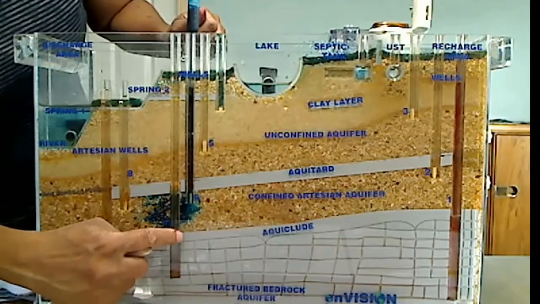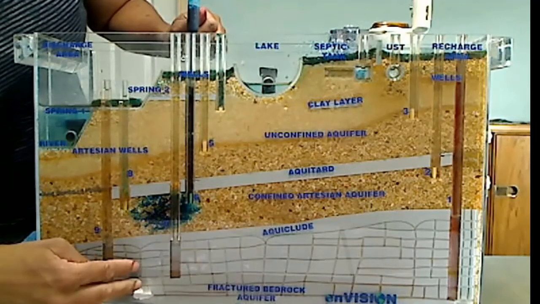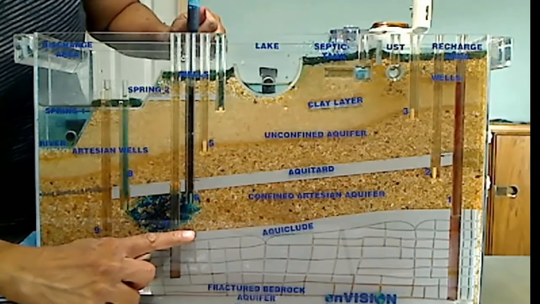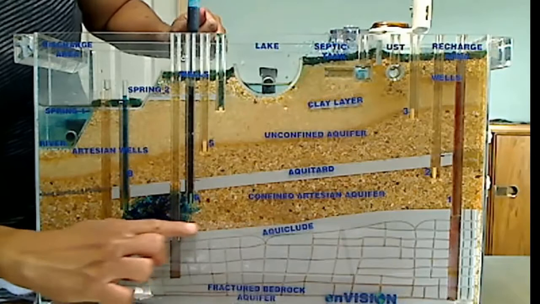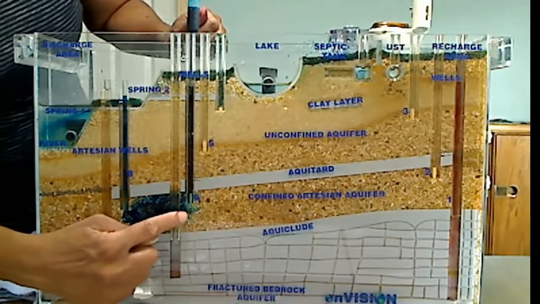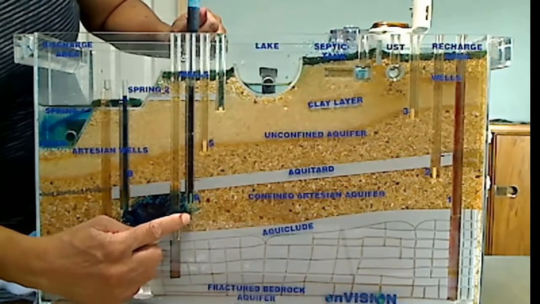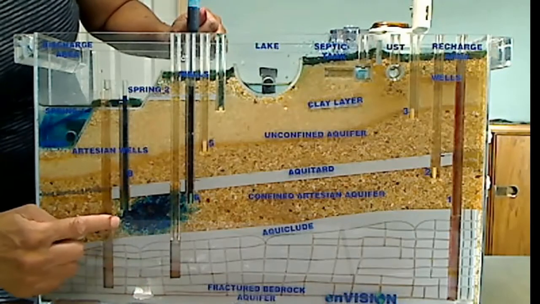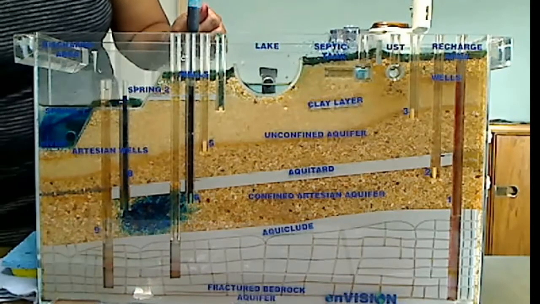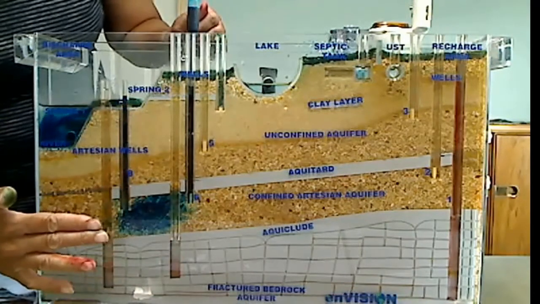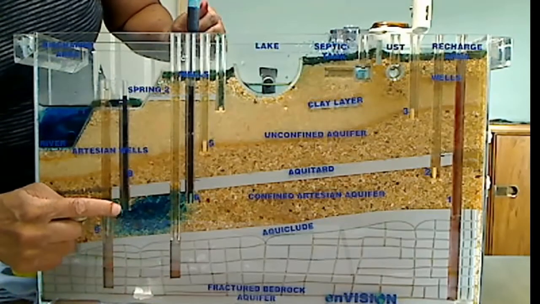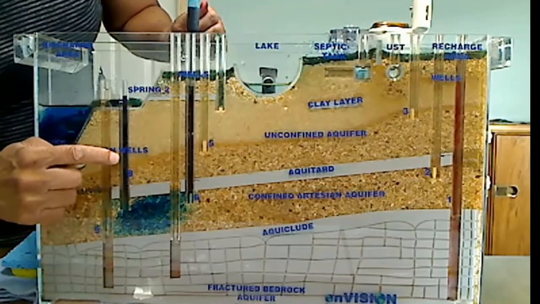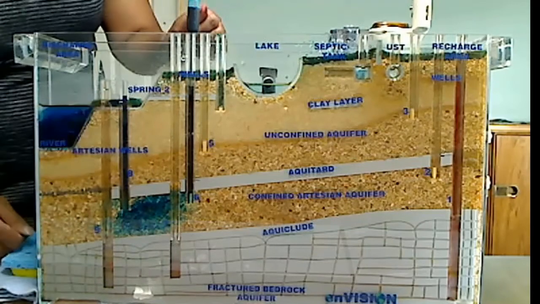It does not filter into the bedrock because it's being prevented from doing that by this aquiclude or this top surface of the bedrock. You can see how it started over here and it moved quickly to this area over here. And that's also to show you how groundwater moves over time. And then you can also see how that blue color traveled directly into this well.